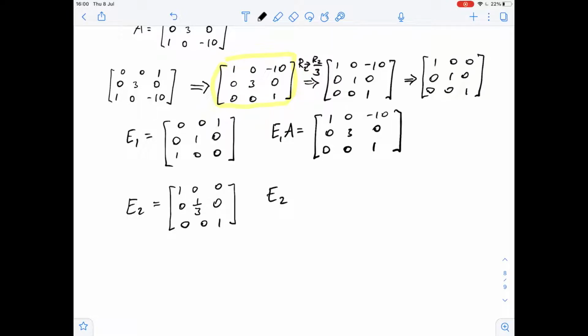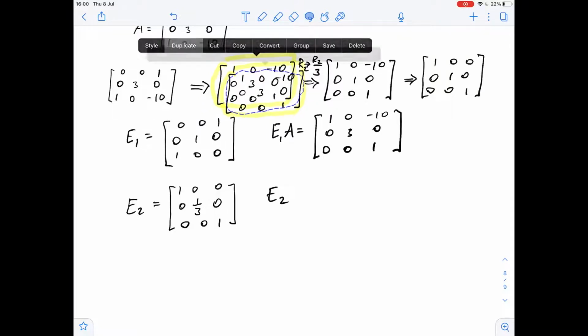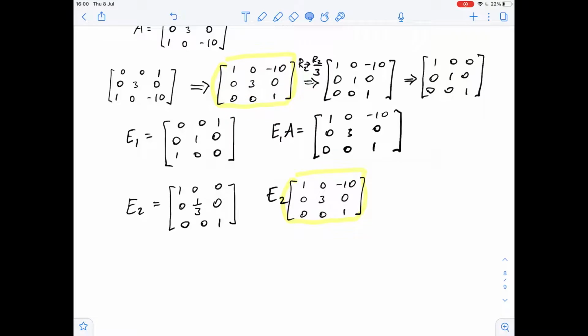And E2 times the matrix which we got after our previous row operation equals 1, 0, negative 10, 0, 1, 0, 0, 0, 1. Great.